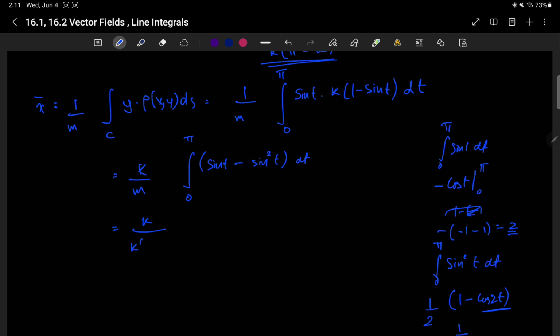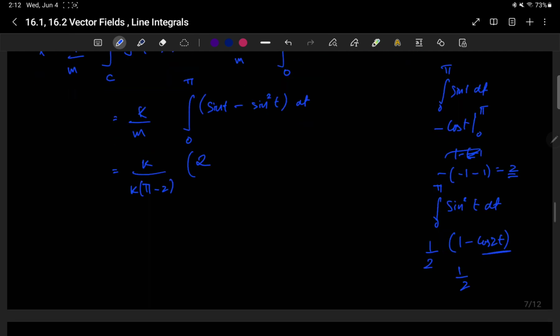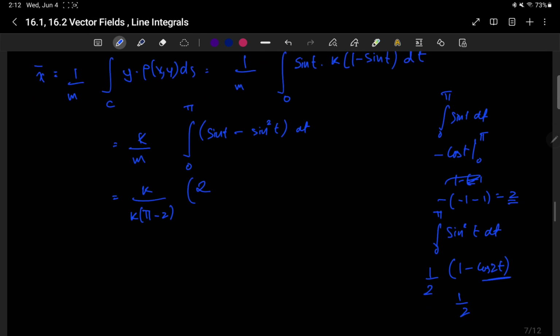divided by the mass, which is k times pi minus 2. From sine t, we will have a 2, and a pi over 2 from here. So this becomes k times 4 minus pi over 2, over k times pi minus 2, and the k cancels out.